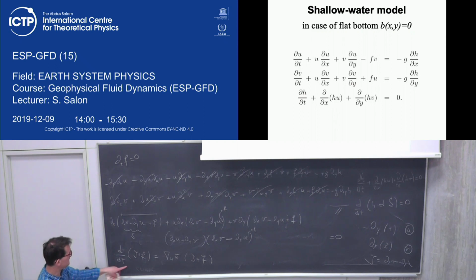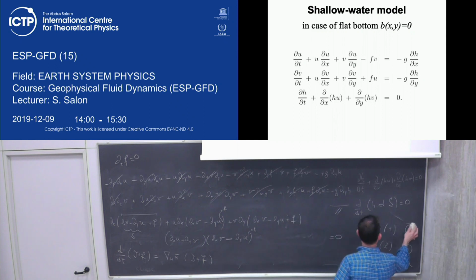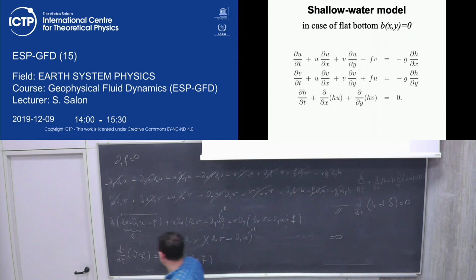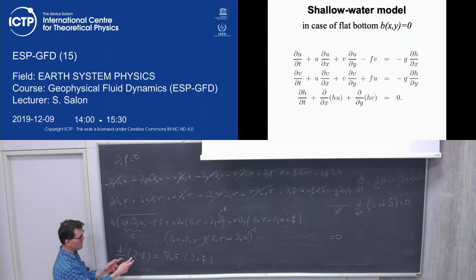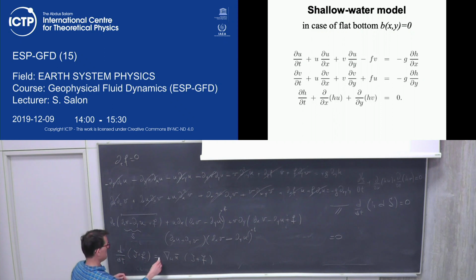And this is a very important equation, which says that the total vorticity of our flow is regulated by the horizontal divergence or convergence.